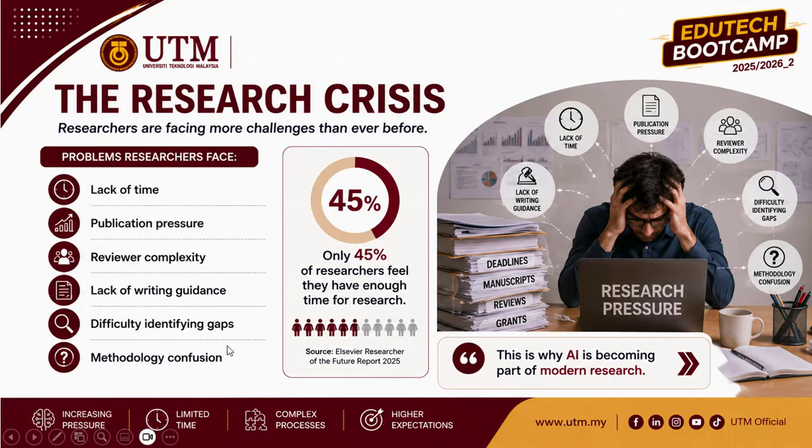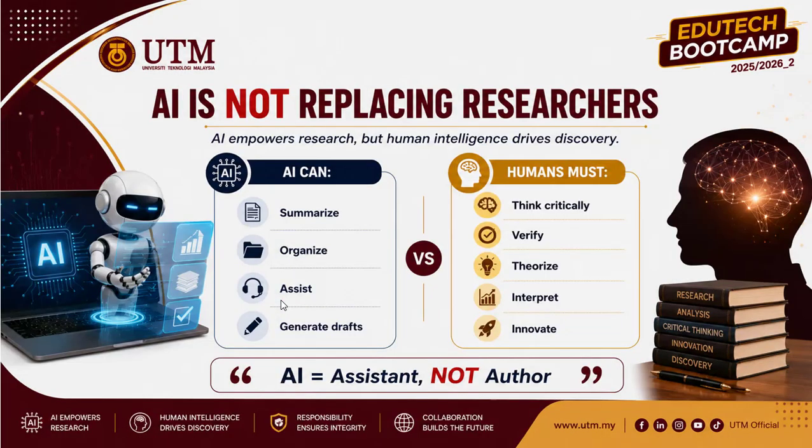Then there is difficulty in identifying research gaps, and methodological confusion. A very important point is that AI is not replacing the researchers, as I already discussed. AI can empower research, but human intelligence drives discovery.